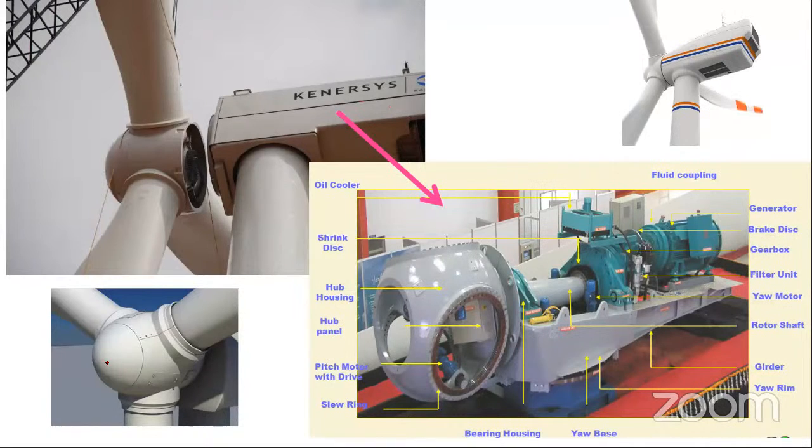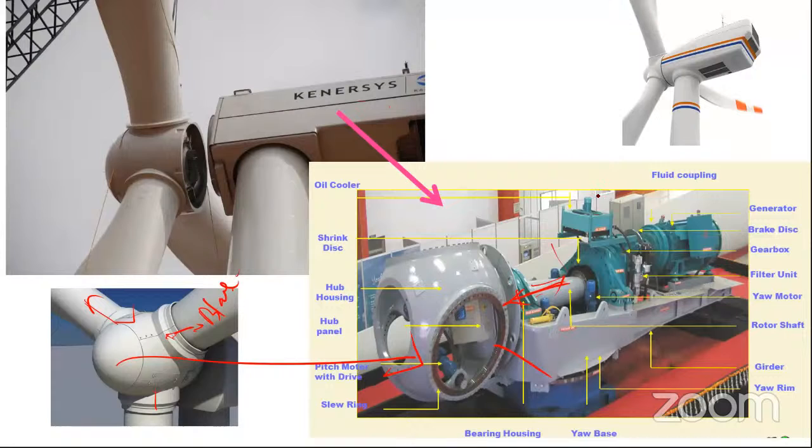This is called the hub. The hub has space to insert the turbine blades. This is the blade with the hub. The hub connects the blades and the shaft. You can see the blades and the shaft which connects the blade.